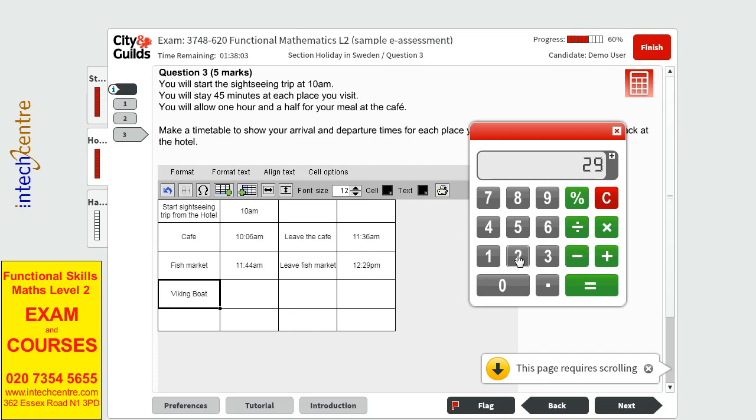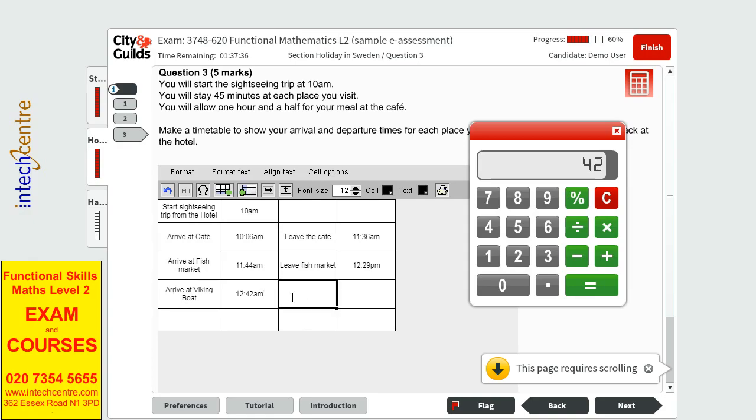So 29 plus the 13 minutes, it will be 12:42 once you reach Viking boat. Here you could put arrive. Arrive at cafe. Arrive at fish market. And then arrive at Viking boat.